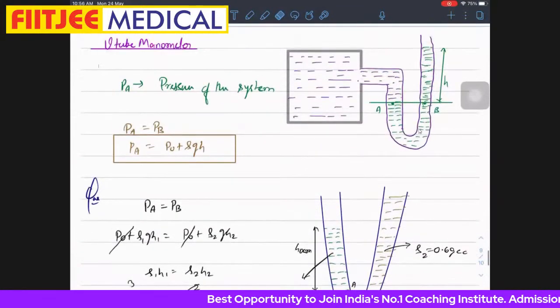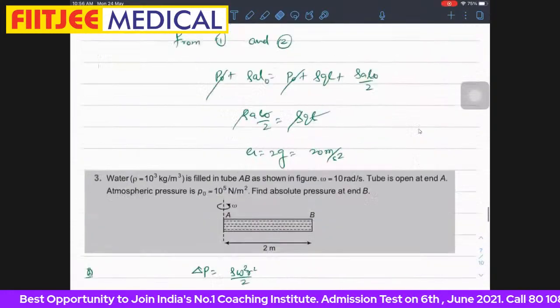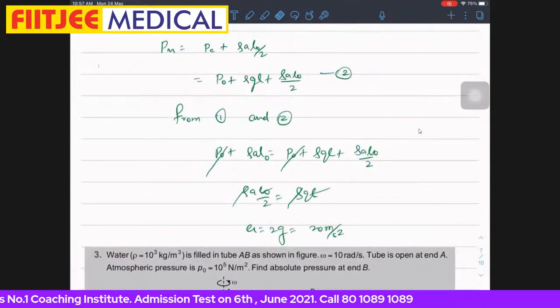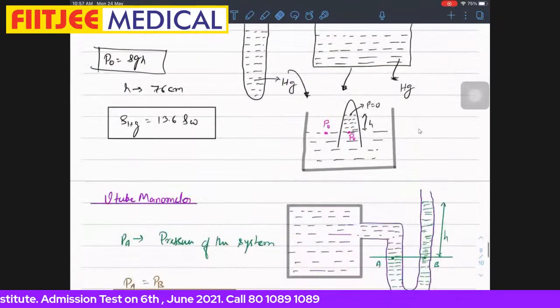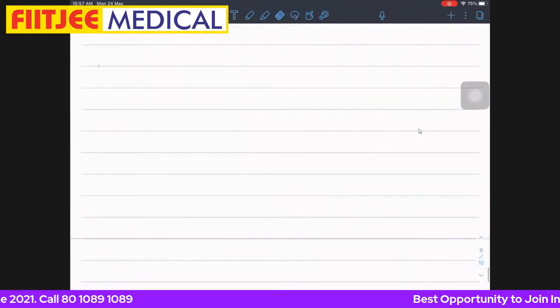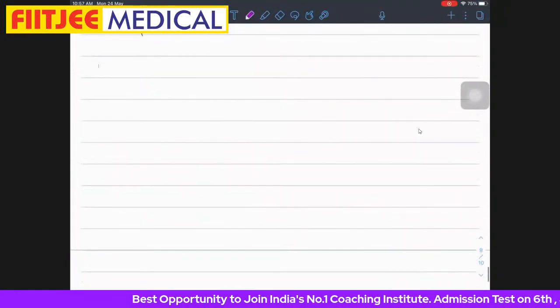So we have seen till now how we can measure the pressure, what is the value of pressure, in many different types of cases. So after this hydrostatics, this pressure and all the things in hydrostatics, our last concept would be buoyancy force.